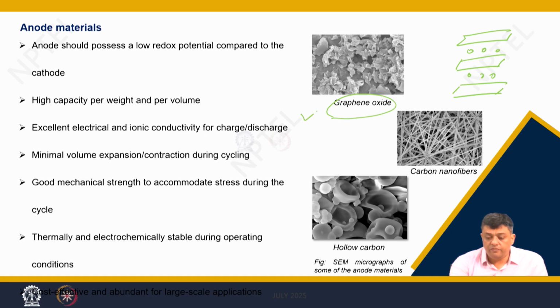So, you can have graphene oxides, you can have carbon nanofibers, or you can even have hollow carbon structures which have different orders of confinement, different specific energy densities, and therefore, they have different capacities to store charge. Each one of them also has a different carbon footprint of its own.